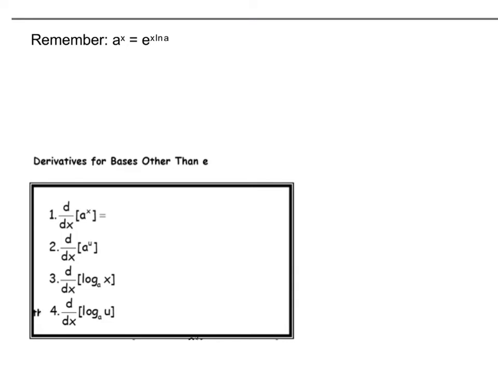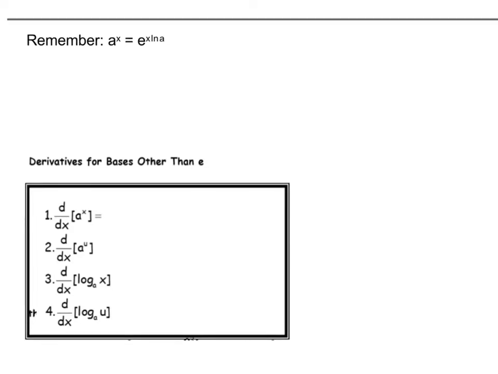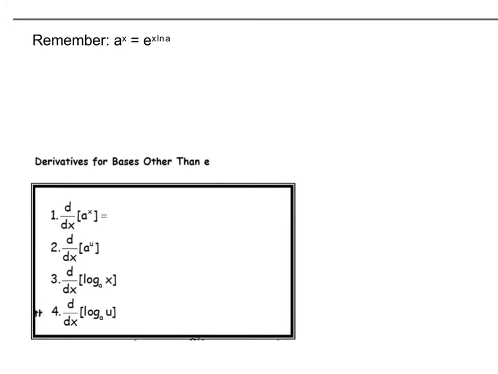The other thing we need to keep in mind is something you may or may not have learned in pre-calculus, and that's that you can write a base to the x power as something that looks like this. So how did they get to that? Well, let's look. We've got a to the x, right?